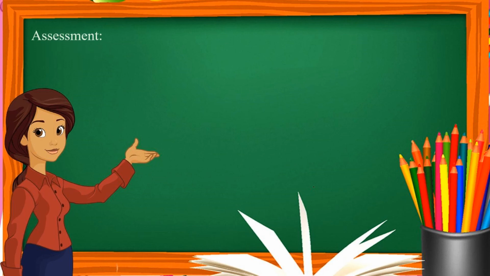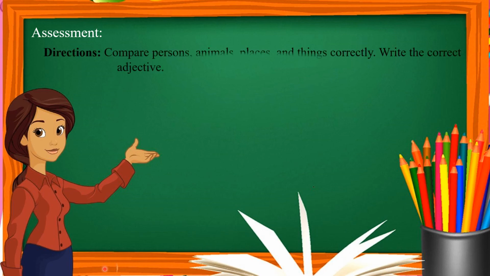Okay, for your assessment, look at the tray beside you. There's an assessment there. You get 1. Here are the directions. Compare persons, animals, places, and things correctly. Write the correct adjective.